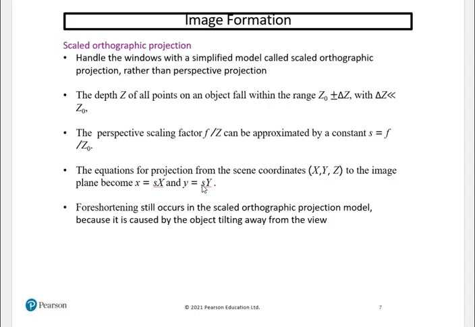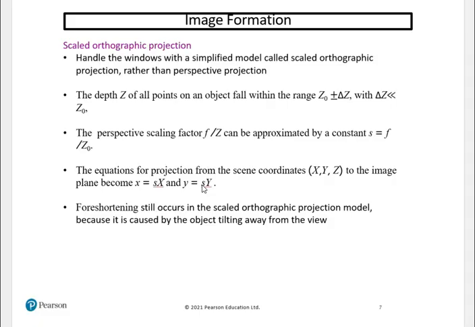So the depth of all points on an object falls within the range Z0 plus or minus delta Z, with delta Z much smaller than Z0. And the perspective scaling factor can be approximated by a constant s equal to f over Z0.